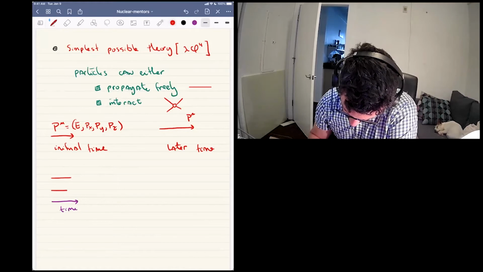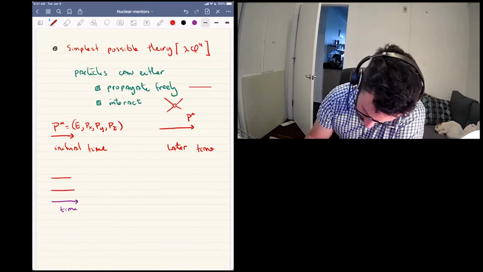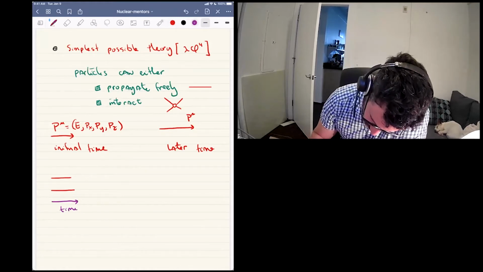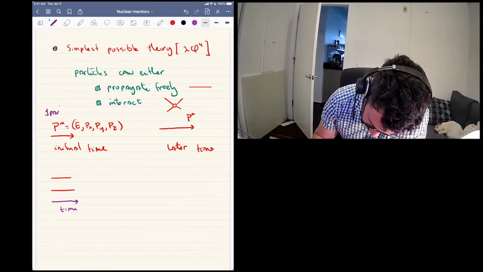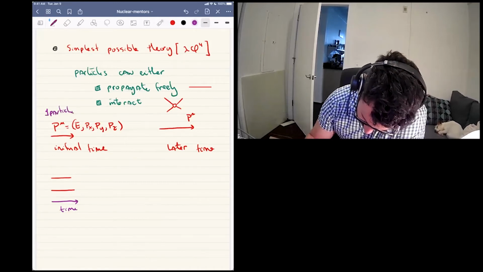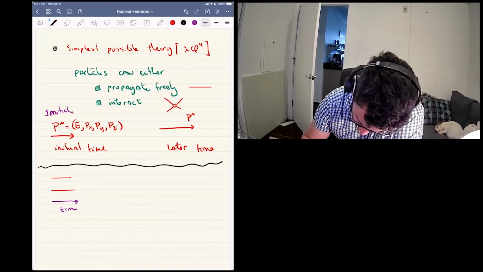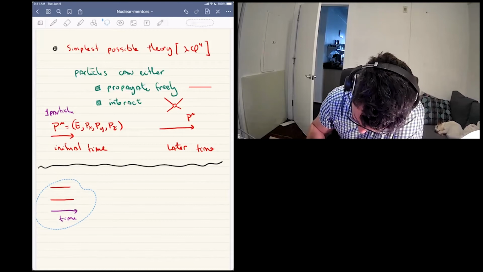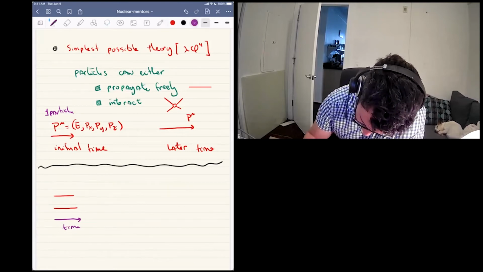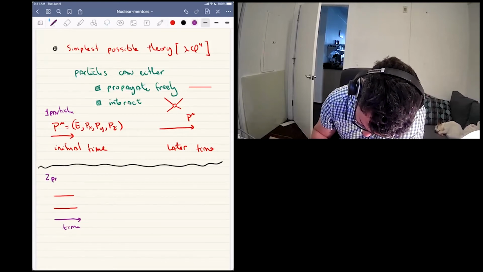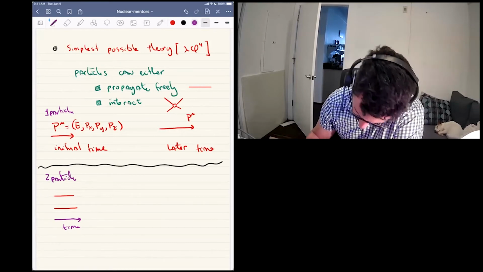So if I have one particle, it can just propagate, nothing else. Two particles: life starts to get more interesting.